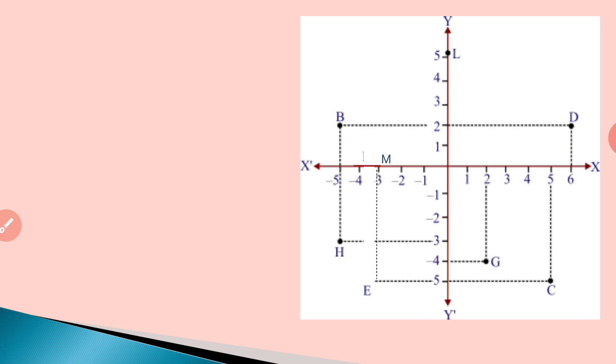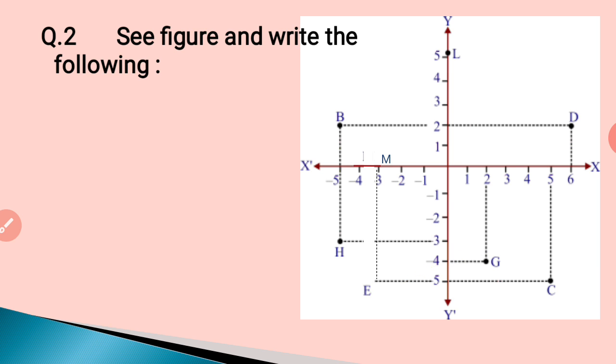Now here, the xy axis or the coordinate axis are given. Certain points are also shown. The question is, see the figure and write the following. The very first sub-question is the coordinates of B. To get the coordinates of B, we are going to draw perpendiculars from B to the x-axis and to the y-axis.